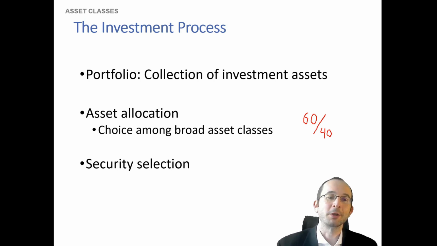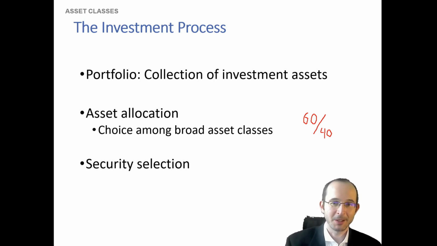So this would be one example of an asset allocation. But literally any other, 30-30-30 between debt, equity, and derivatives, maybe the rest in cash, would be another type of asset allocation.